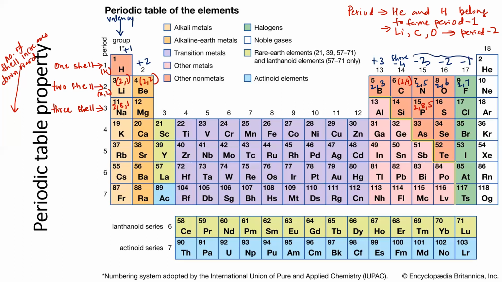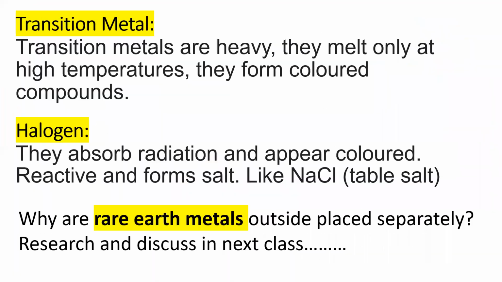So here they accept electrons. And this side, if you see, they donate electrons. That's a difference there. So hydrogen, then lithium, beryllium, boron. I will just write in the next page here, so that we all remember this.